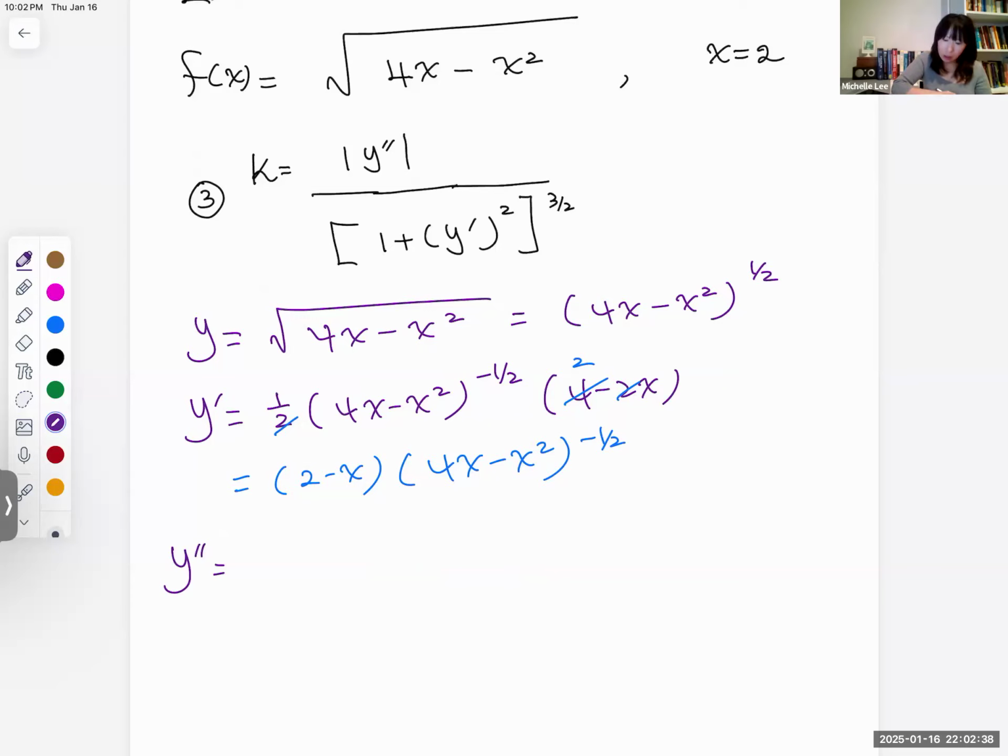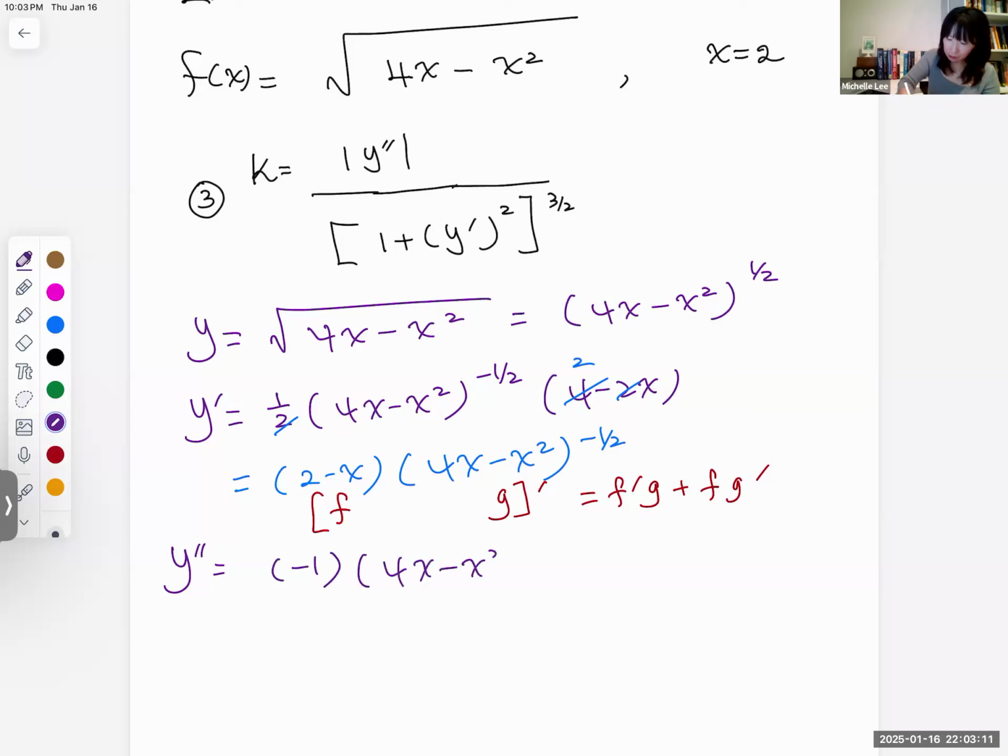Product rule, right? We're using f and g. We want the derivative: f prime g plus f g prime. F prime we get negative 1, times g, plus f times g prime.